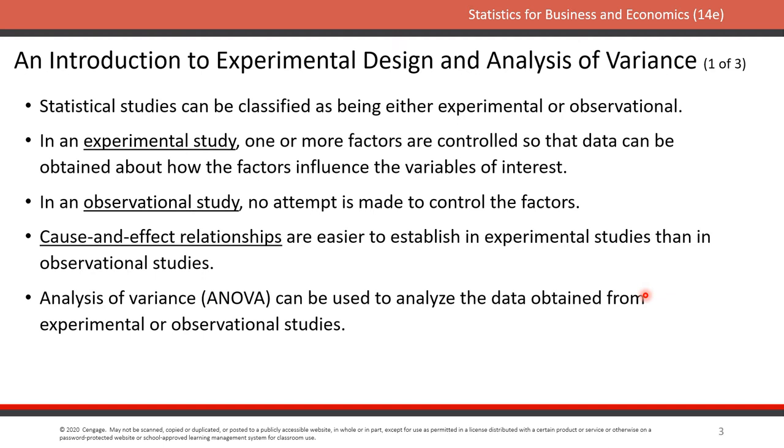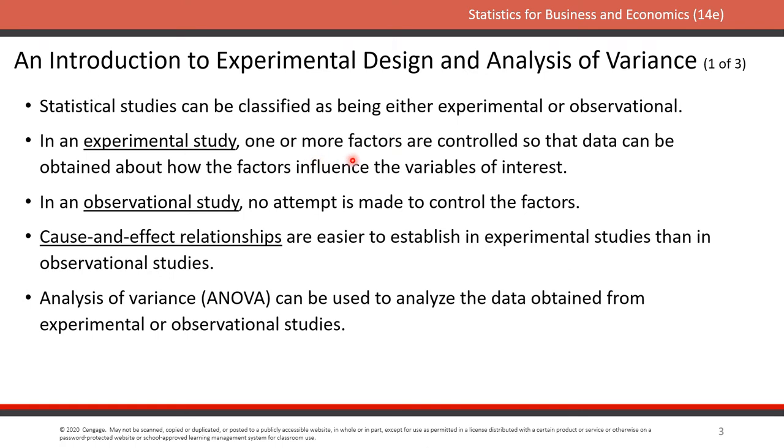So statistical studies, there's a lot of ways to classify them, but two common ones that are very oversimplified are experimental designs or observational designs. In experimental designs, you can look at this one of two ways, both of which are the same. One is to look at the factor, the other is to look at the individuals or the experimental units or the people in the study.